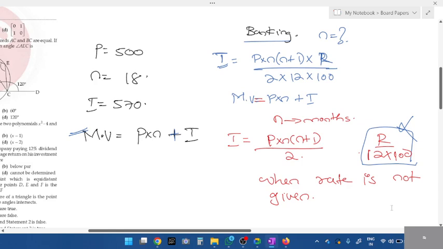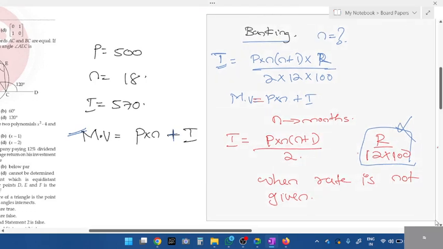When the rate is not given. These are the three important formulas we have.